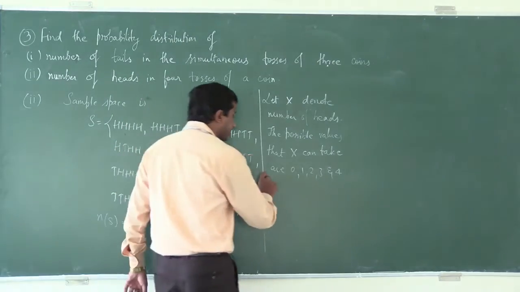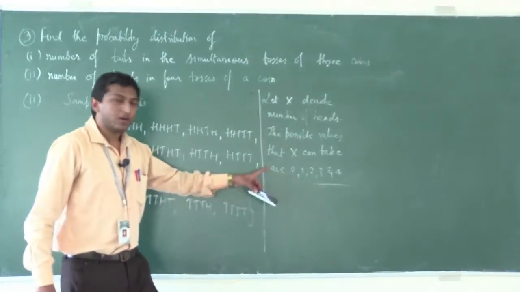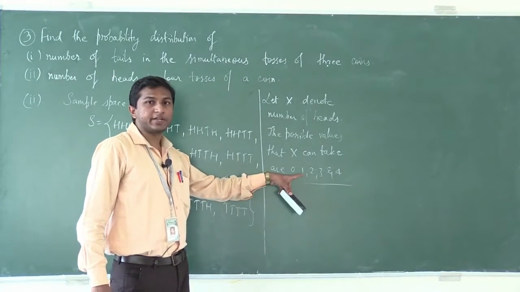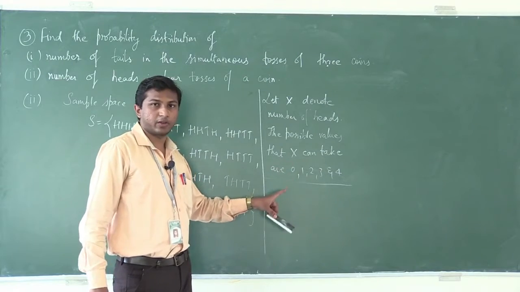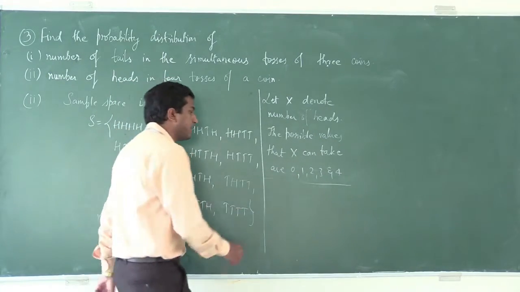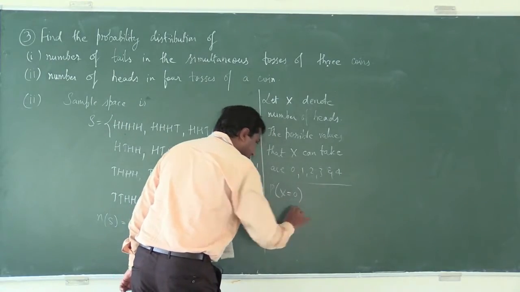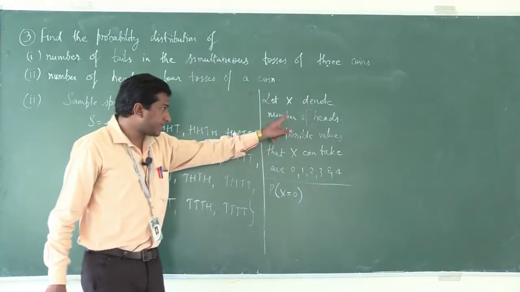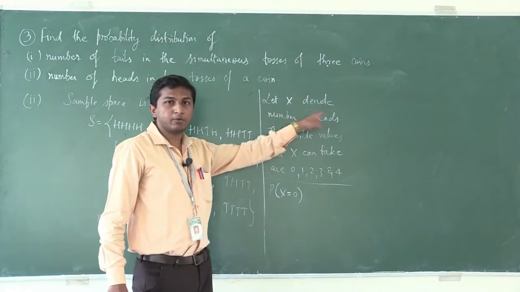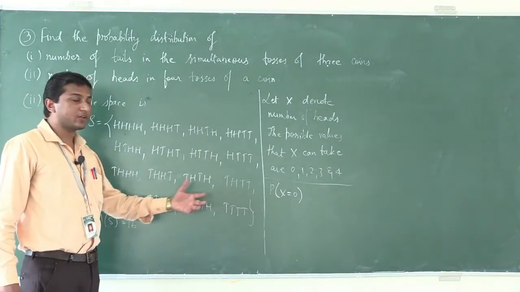Now that we have written the possible values that X can take, we have to start computing the probability when X equals 0, the probability when X equals 1 and so on. Okay, so the first one, P of X equals 0. So when is X being 0? What is X? X denotes number of heads. So when will we have no heads or 0 heads?